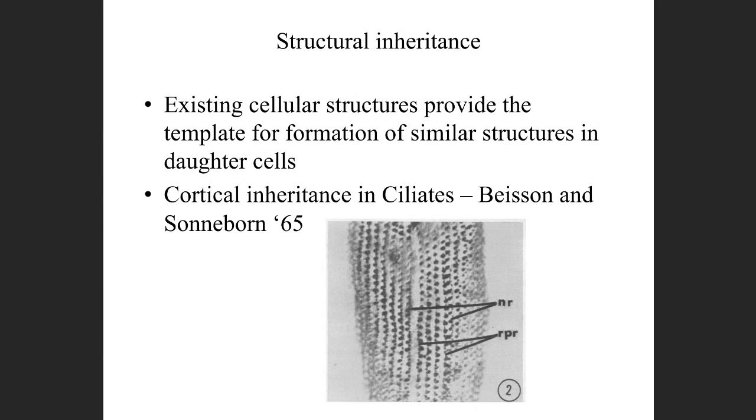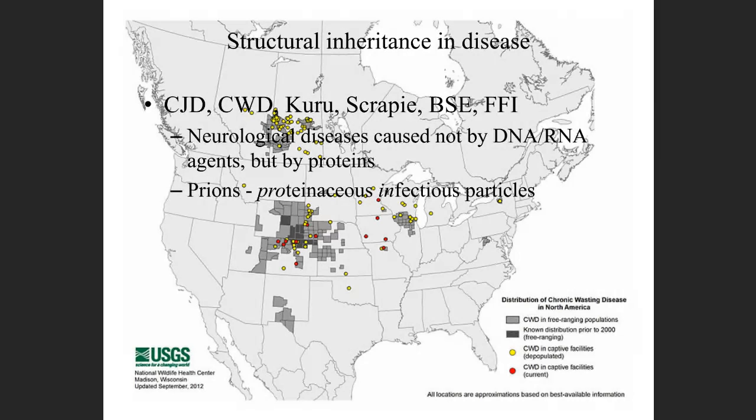So basically, when they manipulated the distribution of cilia, that manipulation lasted several generations in the cell cultures they were studying, which is kind of interesting. The much more ecologically relevant example of structural inheritance is in disease.